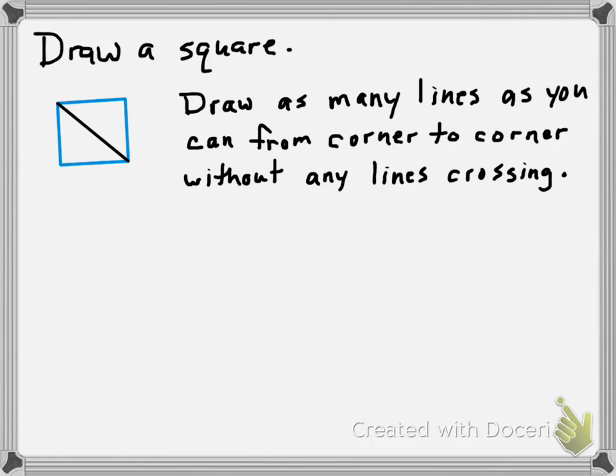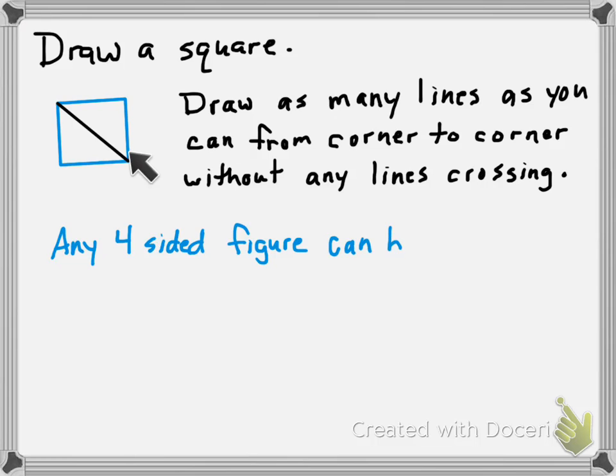Now, why did I do that? Well, to look at interior angles. We may not know what a four-sided figure has for interior angles, but we do know what a three-sided figure has. Right?